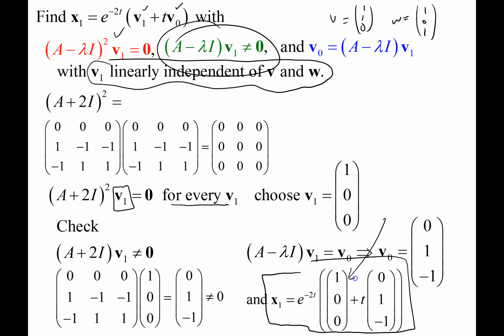This guy here is the generalized eigenvector. And this guy, v naught, we said is actually a combination of v and w. It is an eigenvector. Let's see, how do we combine (1, 1, 0) and (1, 0, 1) to get (0, 1, negative 1)? It's going to be (1, 1, 0), that's the v, and we take away the w.